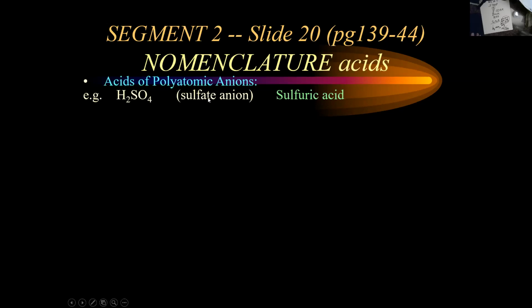You're changing the ATE to IC in that case. It's very uncommon that you have to do something to that. Okay, HNO2. Well, what would that anion be? NO2 minus is called nitrite ion. So you change the ITE to OUS, and it's called nitrous acid.